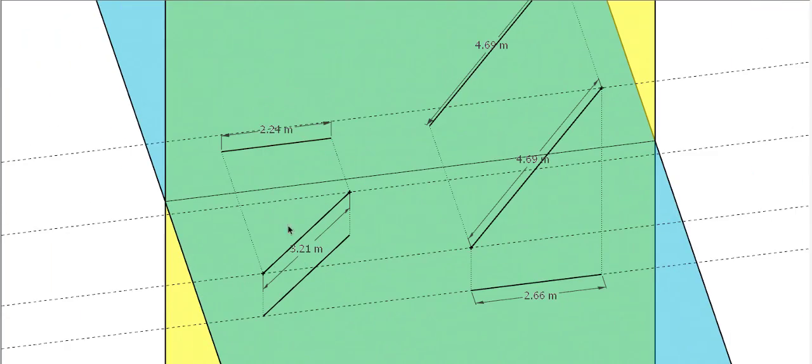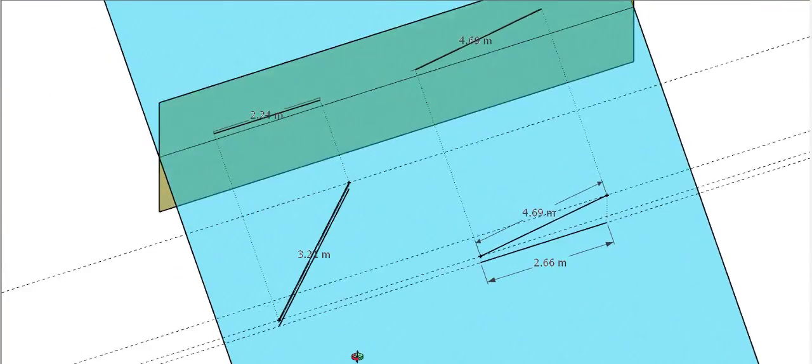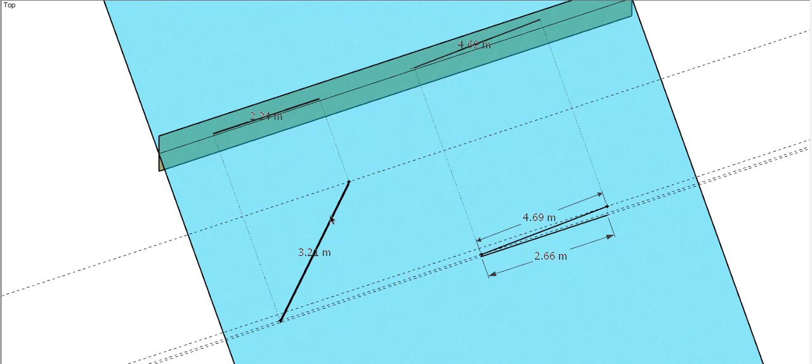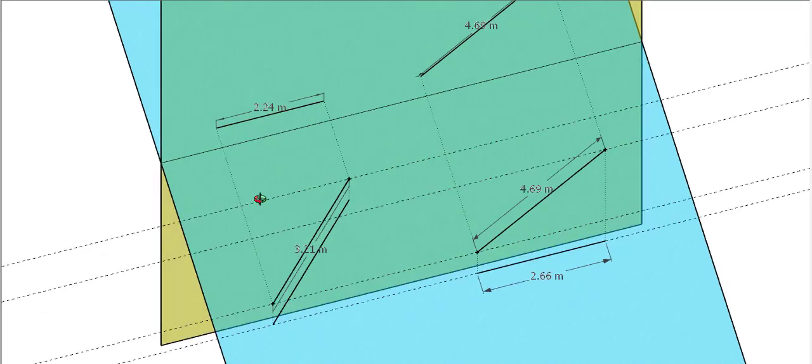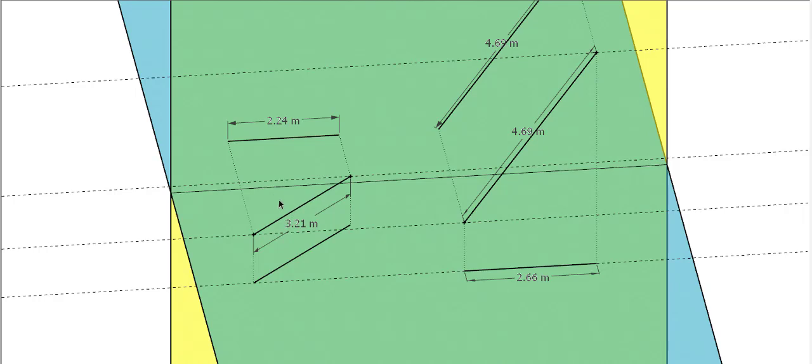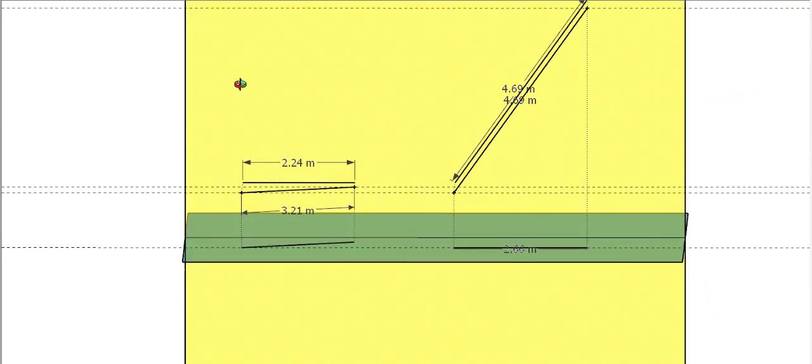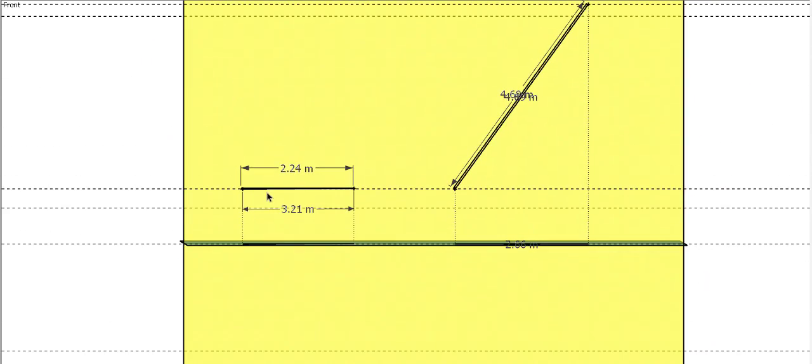So if I am viewing from the top, I will be able to get the true length of the line, because it is parallel to the horizontal plane. Whereas if I view the same line from the front, what I am getting is a reduced length. As you can see here, I will be able to see only this reduced length.